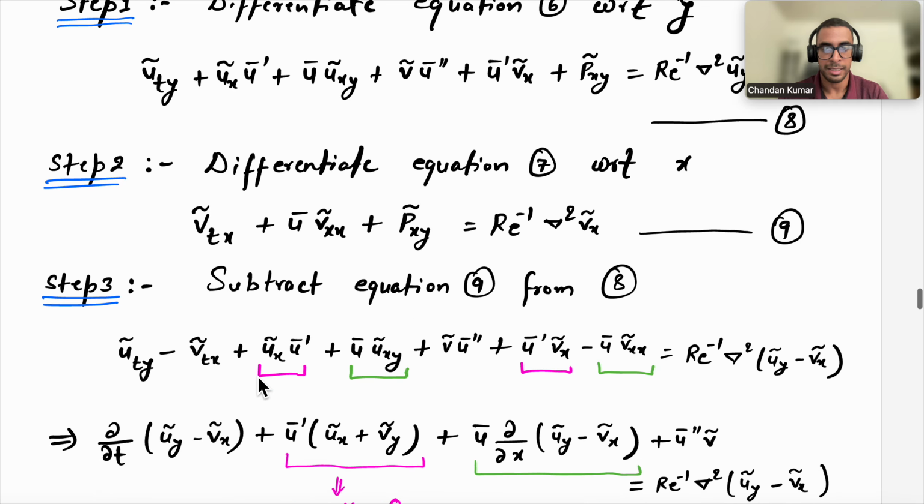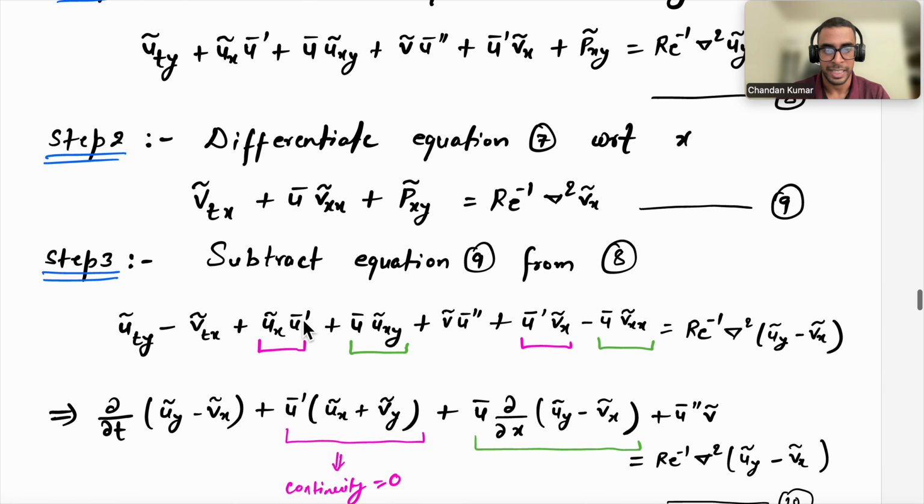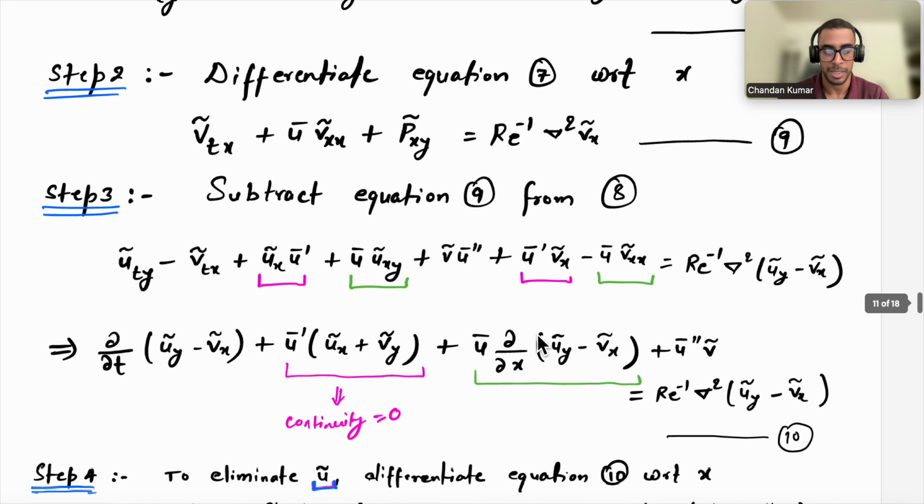Here, these two pink color terms that we are seeing, I just highlighted so that we can take something common out of these two terms. In the same way, for the green highlighted term we have u bar as a common factor, while in the pink term we have u bar prime that we can take as a common factor.